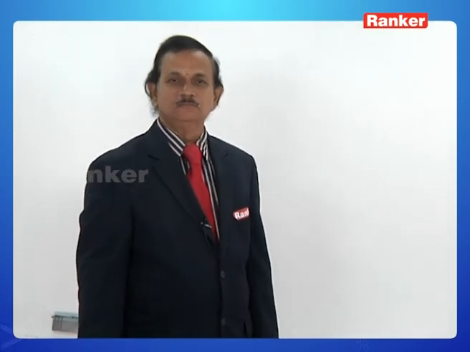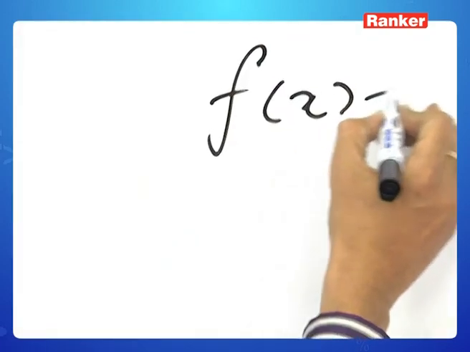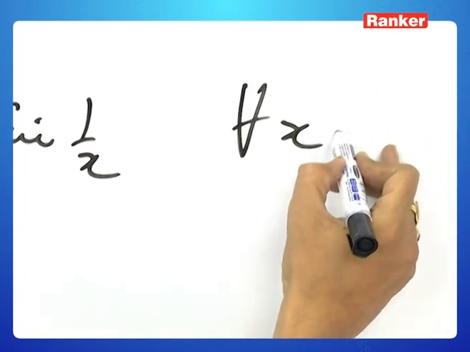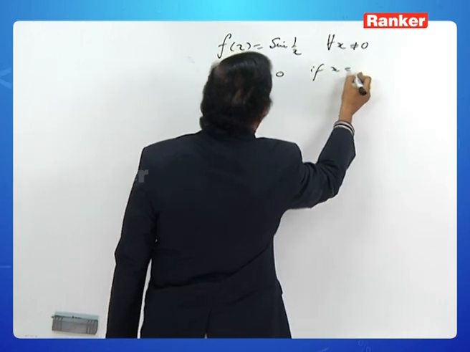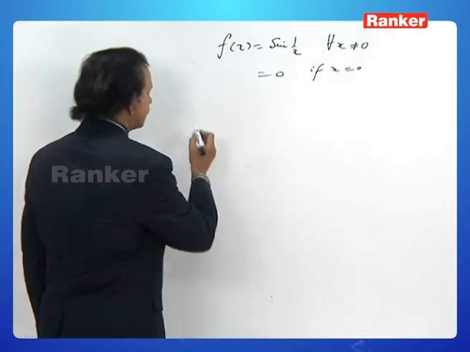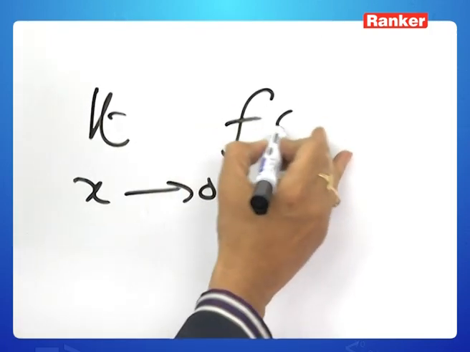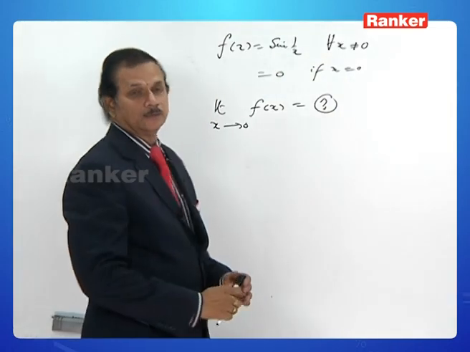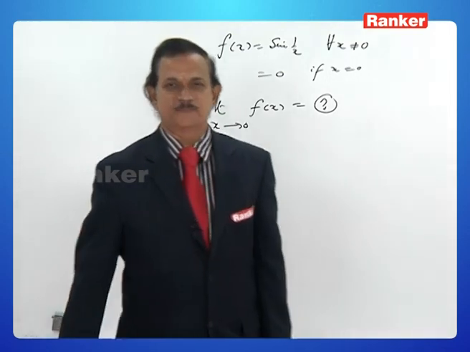One more most standard example is, consider f of x is equal to sine 1 by x. This is the function. The limit of f of x as x tends to 0 is supposed to be found.